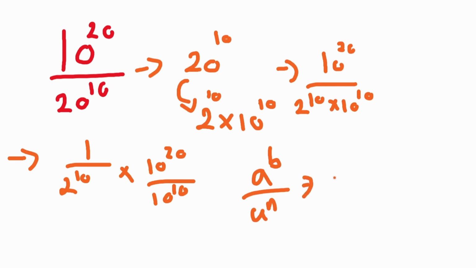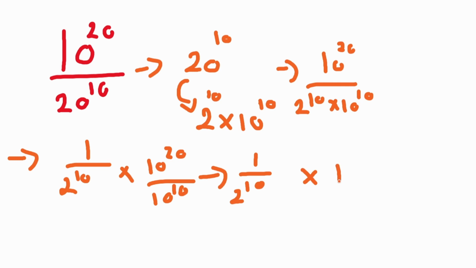What you're going to do is take those powers and take them away from each other. So you've got the same base but a different power, and you're dividing, so you take away the powers. You're going to have 10 to the power of 20 take away 10, which is 10 to the power of 10. So 1 over 2 to the power of 10 times 10 to the power of 10.